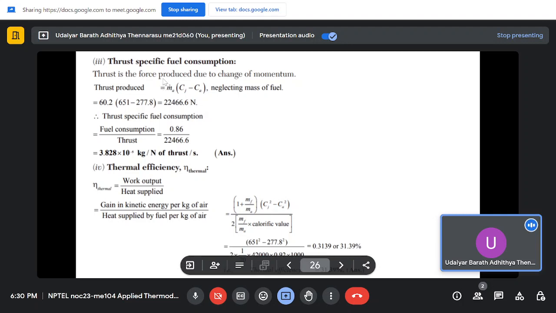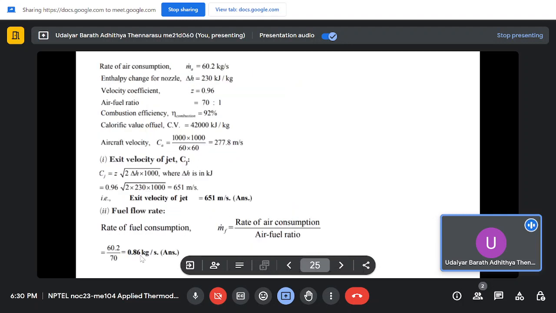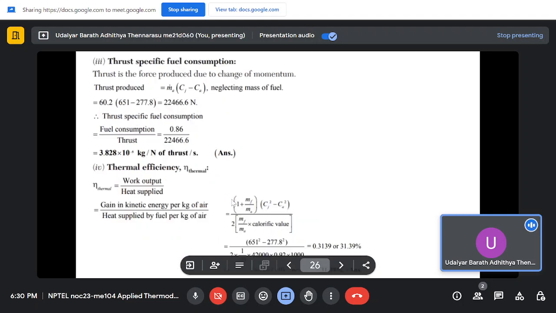We know the velocity of air coming in, which is 277.8, and we also know the velocity of the jet, which is 651 meters per second. So we just have to substitute in this equation 60.2 into 651 minus 277.8, which will come out to be 22.47 kilonewtons. So that is the thrust which is generated.